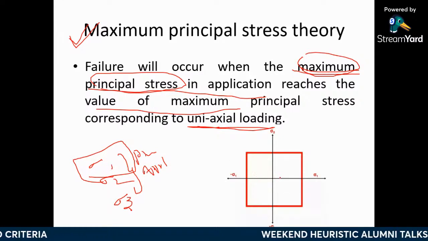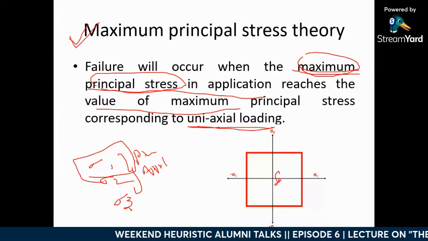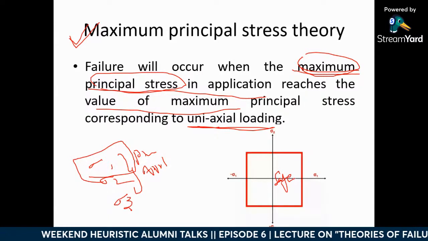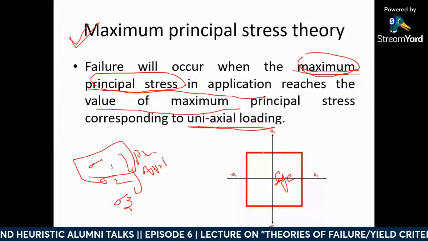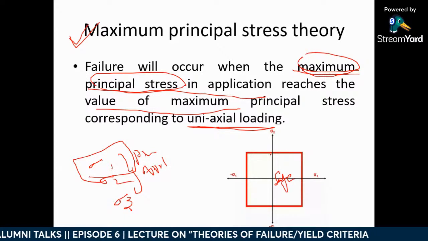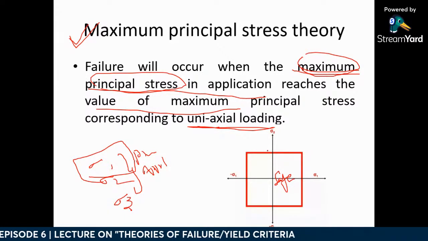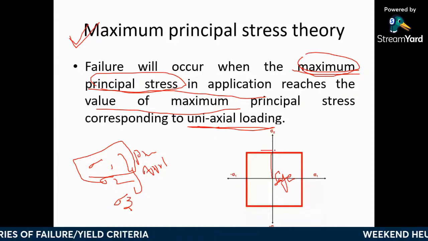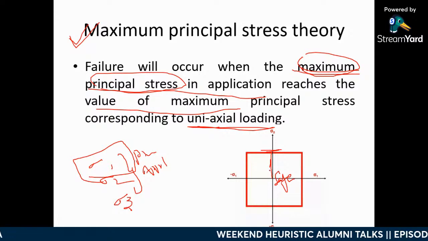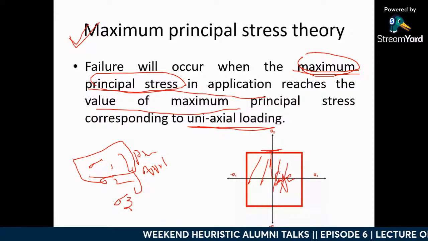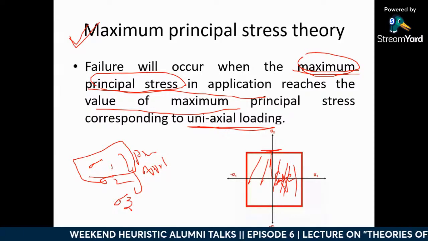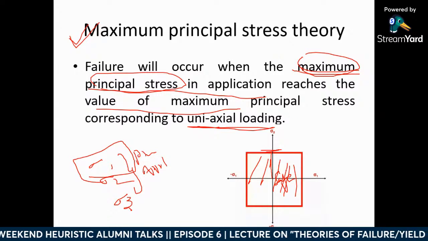If sigma 1 is less than the yield point, you will be safe. If sigma 2 is larger, you need to look at this one. Make sure in your application sigma 2 won't exceed this yield point. Until and unless you are less than this, you will be safe. So this will be the safe region for the maximum principal stress theory.